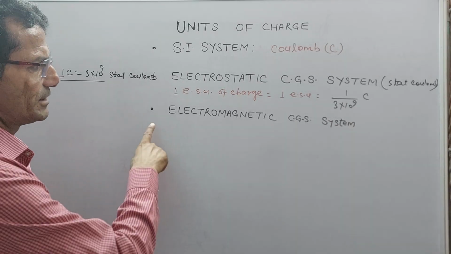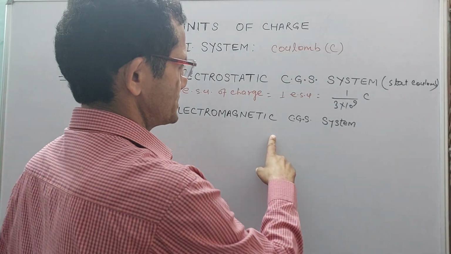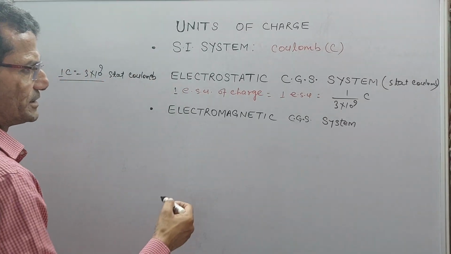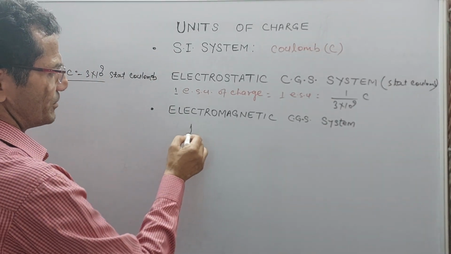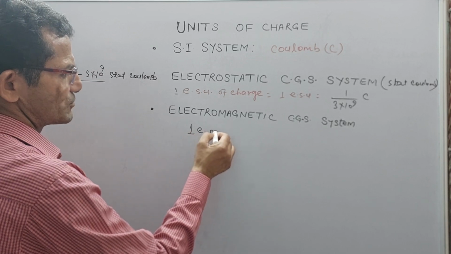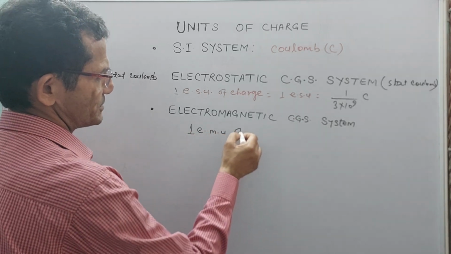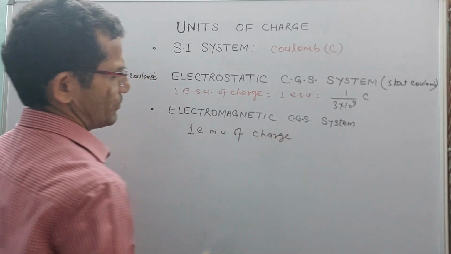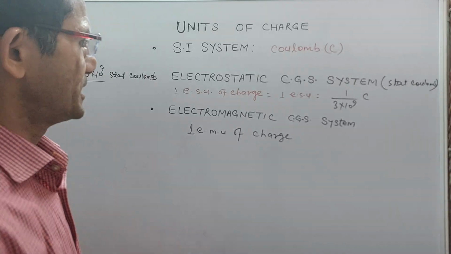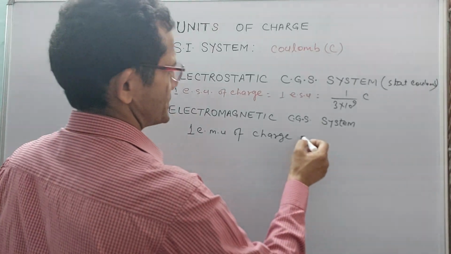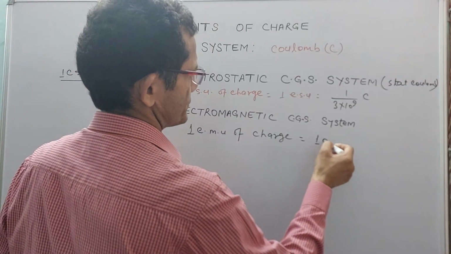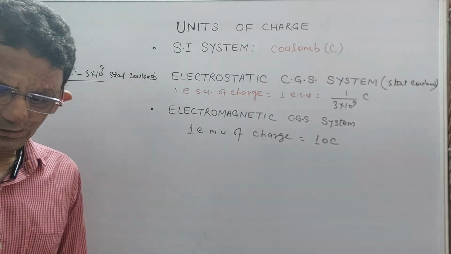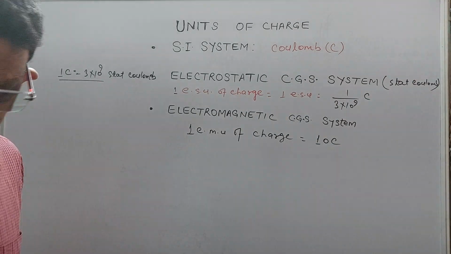Now the third unit we have is the electromagnetic CGS system. The electromagnetic CGS system is a greater unit of charge. We generally represent it as 1 EMU, electromagnetic unit of charge. This is a greater value. Its value is equal to 10 coulomb, more than that of the other.